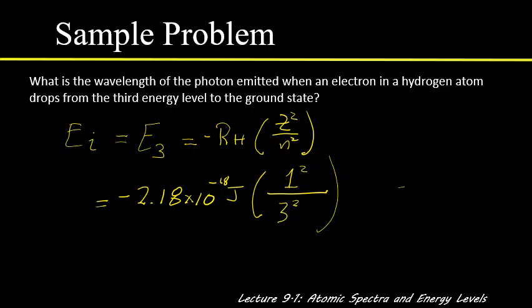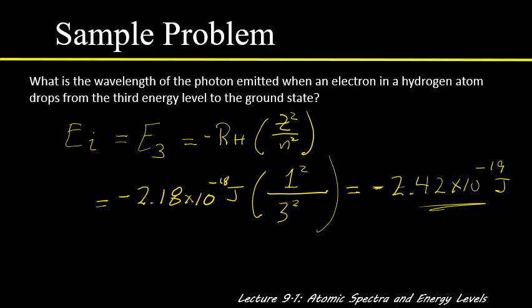So this is going to be negative 2.18 times 10 to the negative 18 joules divided by 9, which is going to give us negative 2.42 times 10 to the negative 19 joules. And notice the energies are always going to be negative.